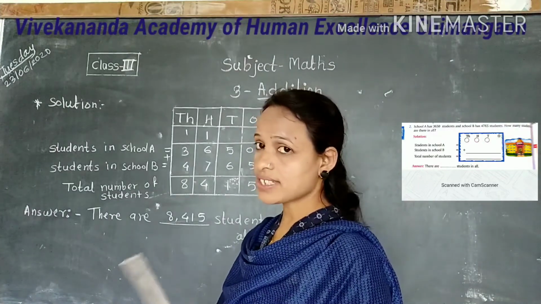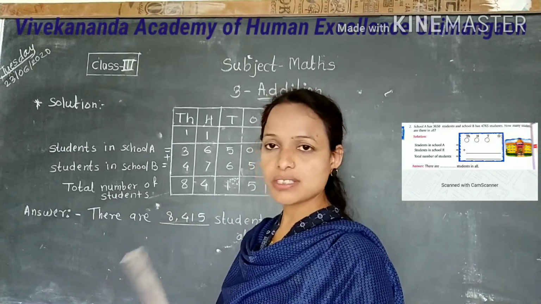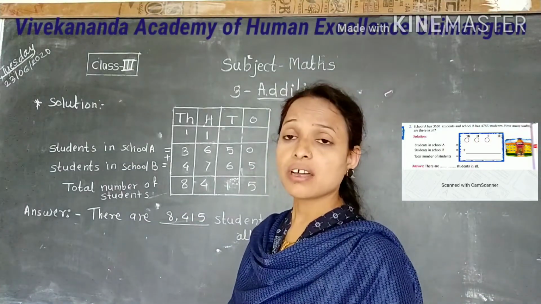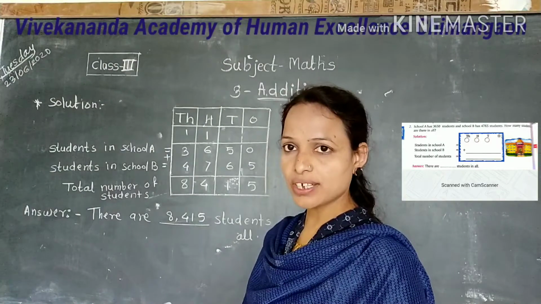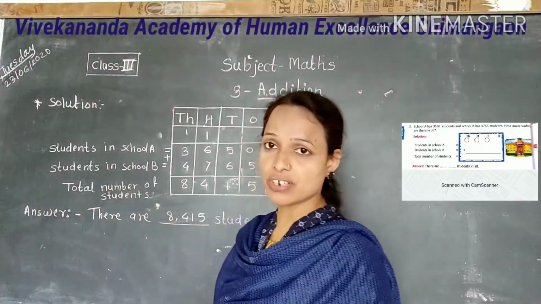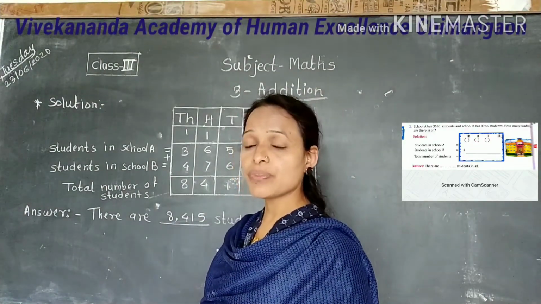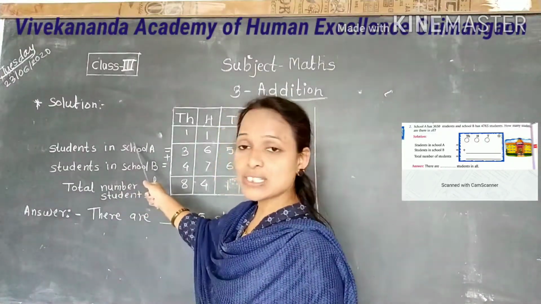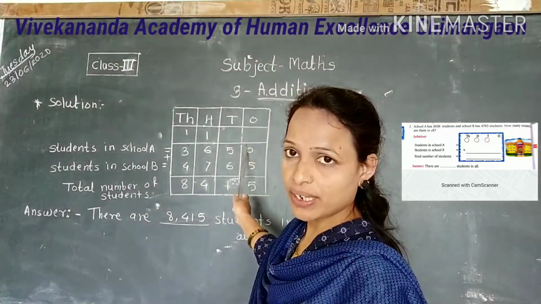Here also, first I told, what you have to do? You have to arrange the given numbers in columns. So I made columns here. Now we will write the given numbers column-wise according to their places. So what is given in that example? Students in school A, how many? 3,650.